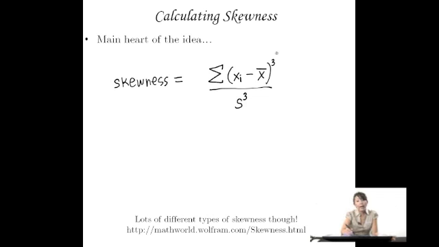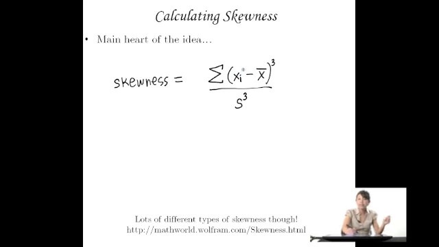And let's think about why it's cubed. It's cubed because it's going to matter whether it's positive or negative. Before, when we squared things, we didn't care which direction away from the mean it was. But now we care. How far are you away from the mean, but also what direction are you away from the mean? So now we're having things that are stacking up. It's like each little point is having a little vote.